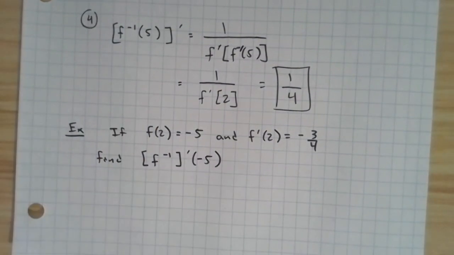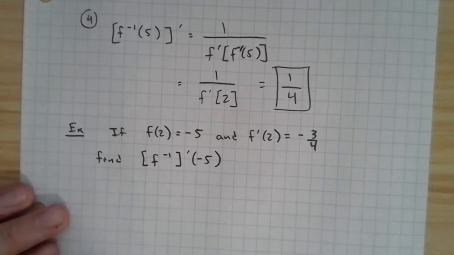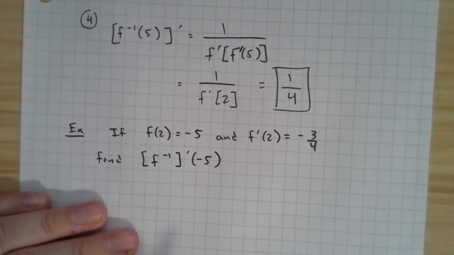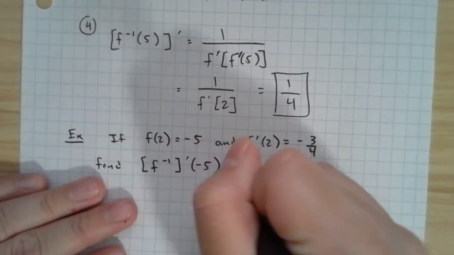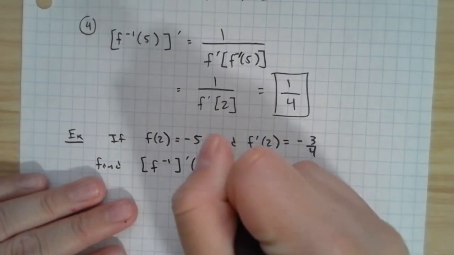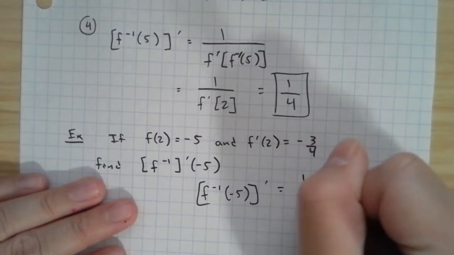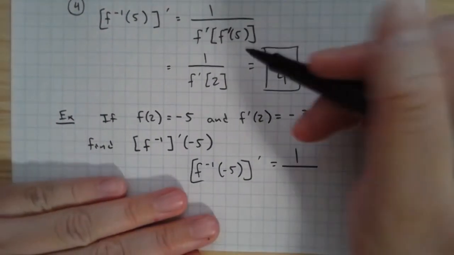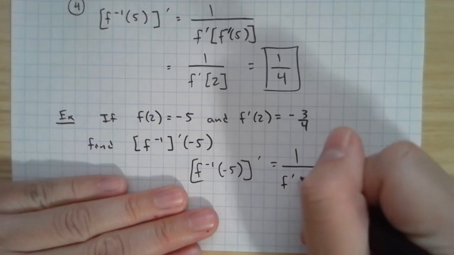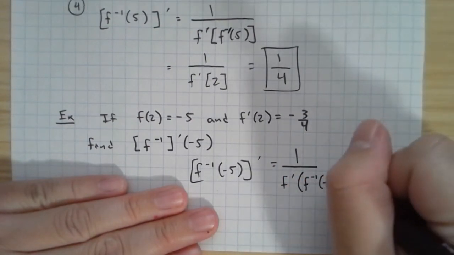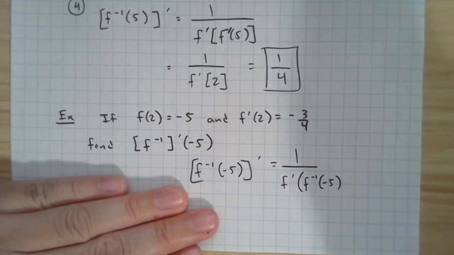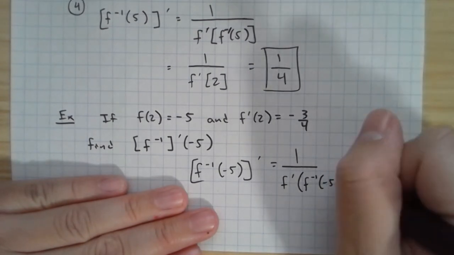Same notation as what we had here. Exact same thing, so all I'm going to be doing is applying that same formula. So f inverse of -5 prime will be 1 over f prime of f inverse of -5.